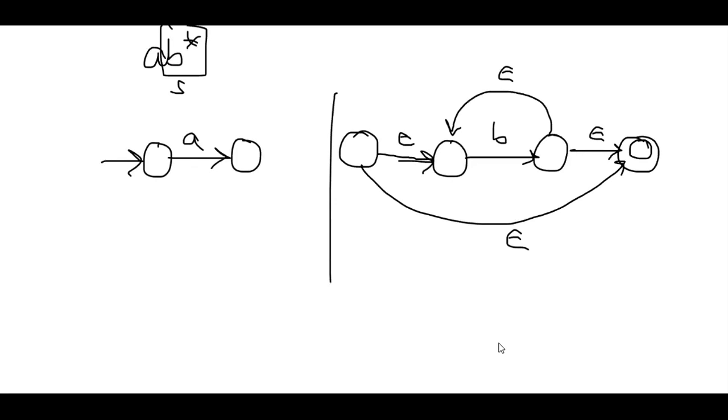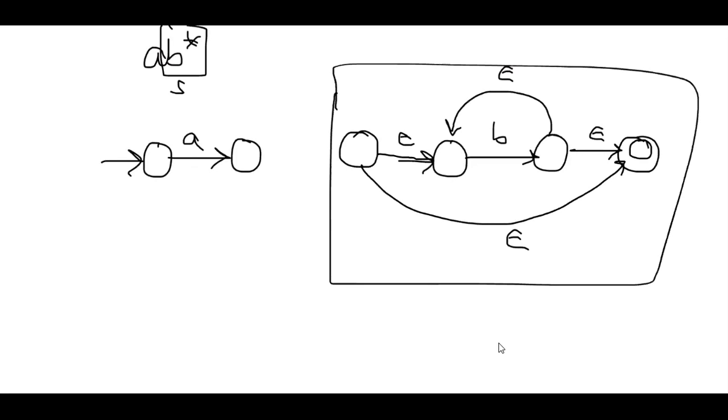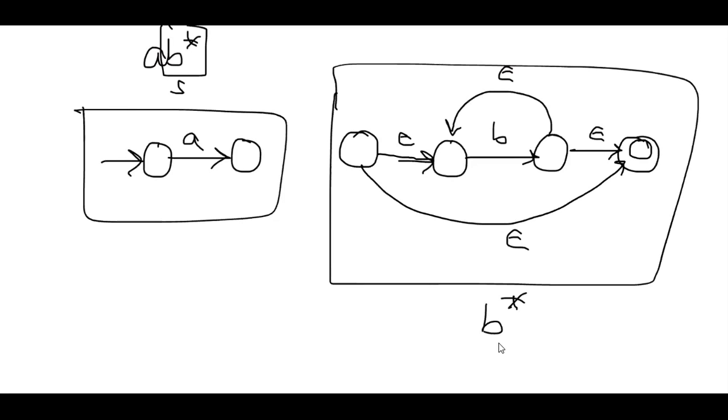So this part is our B star, and this part is our A. Now we have to have concatenation, meaning from here I will add an epsilon transition here. So what I get is the NFA for AB star.